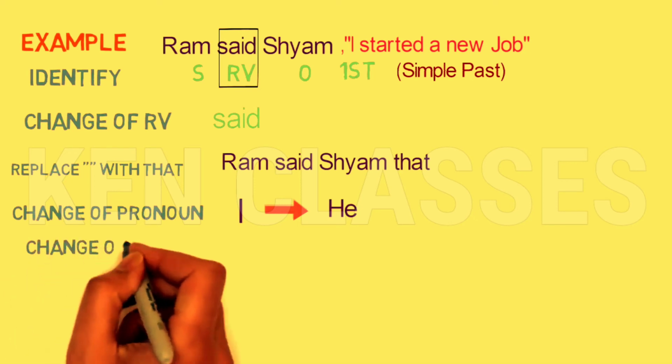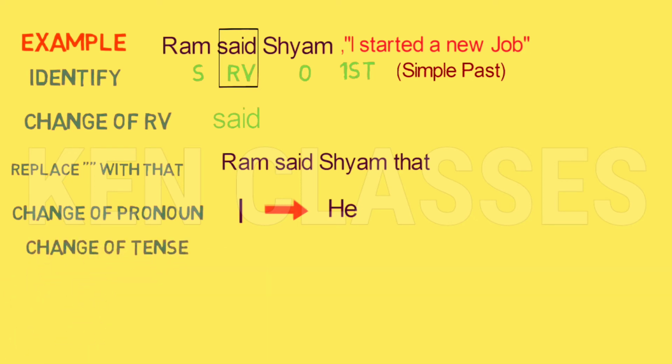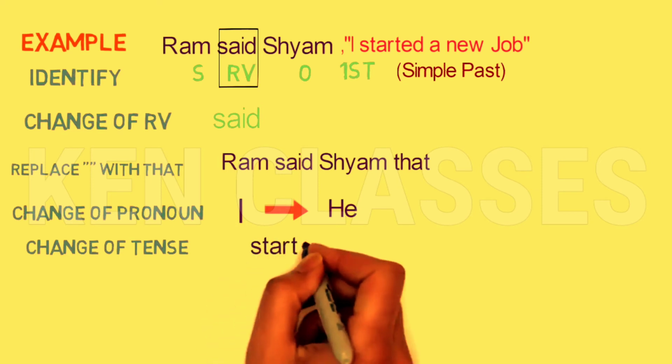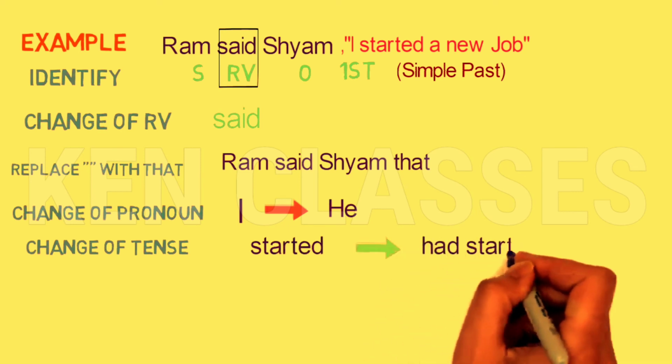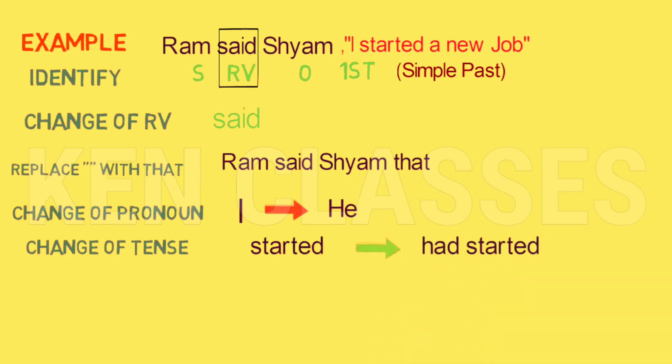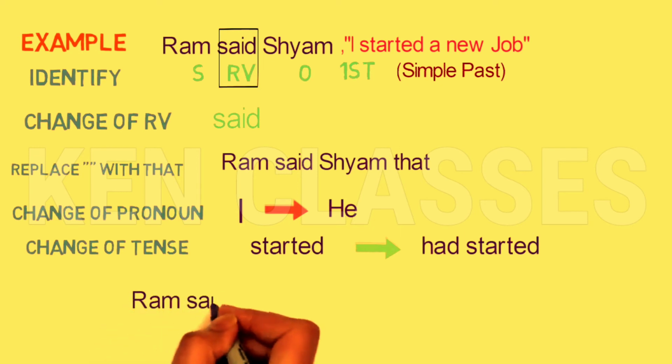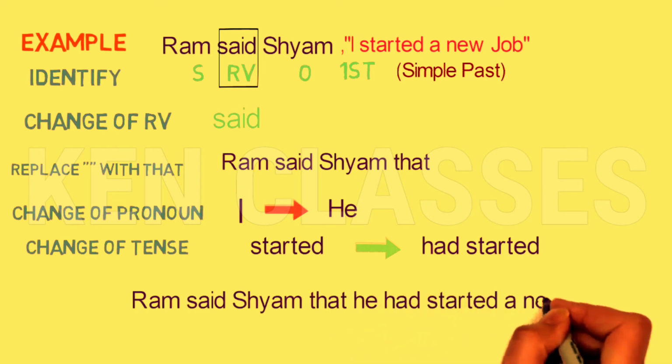Now, the fifth step is to change the tense. Here, the tense is in simple past, so it gets converted to past perfect. In this case, started will be converted to had started. And sixth step won't come here as there are no words referring to time in the reported speech. So the final outcome is Ram said to Shyam that he had started a new job.